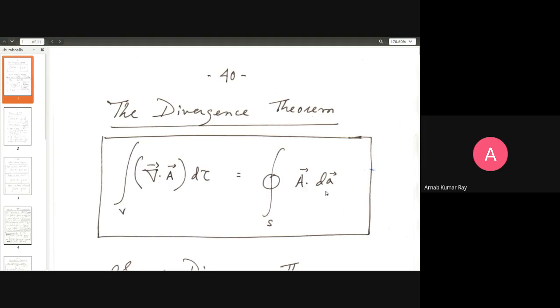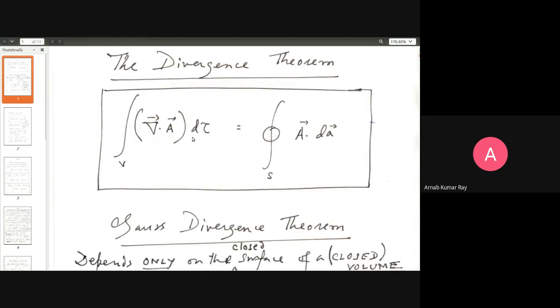Just like in the gradient theorem, a line integration took you to the values of the function at the two boundary points, phi b minus phi a. Here the volume is enclosed within a closed surface, so a volume integral will collapse onto a closed surface integral. I'll talk about this geometrically soon enough, A dot dA.